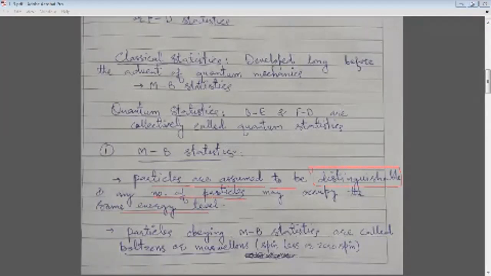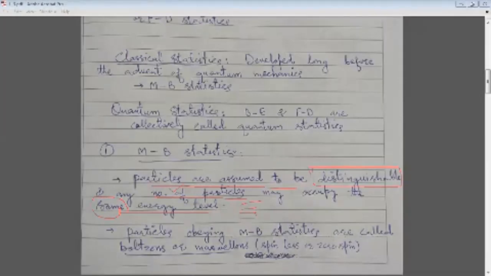If you have different energy levels, E0, E1, E2, then in this MB statistics any number of particles may occupy the same level. This is very important. First is any number, and second is same energy level.